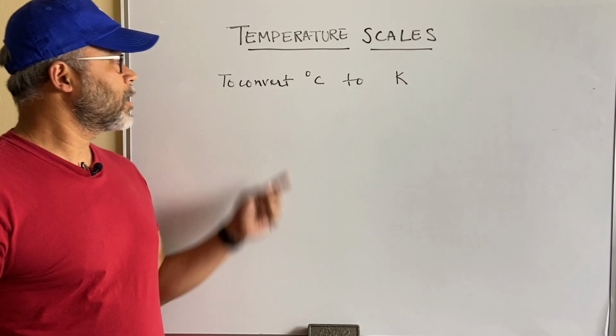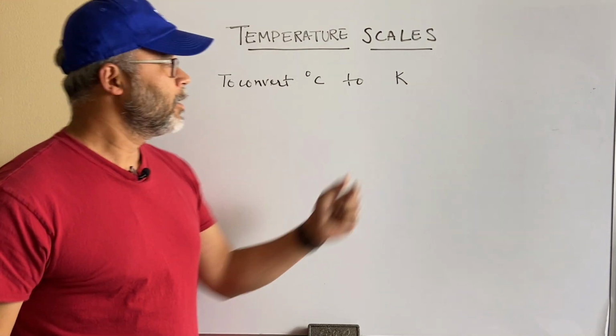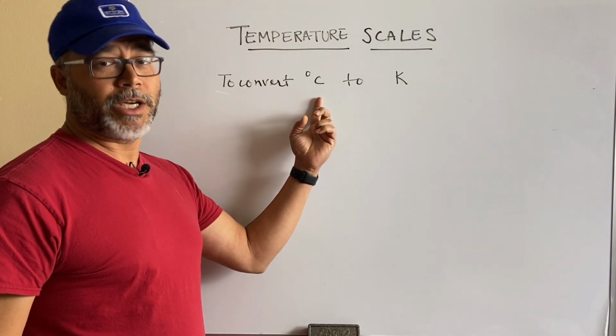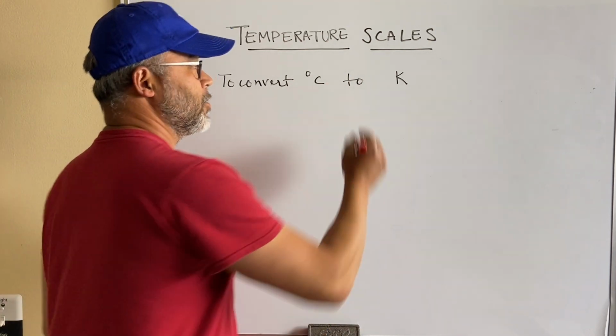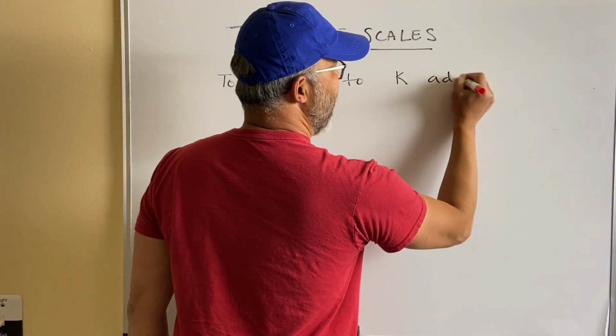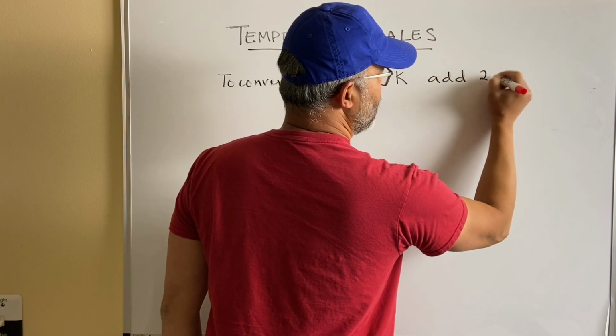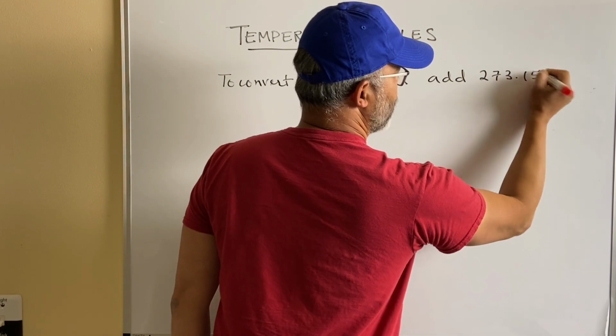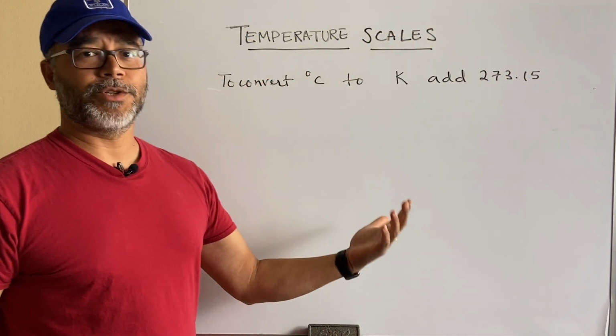So let's take a look at how to convert degrees Celsius to Kelvin. So all you need to do is take the temperature in degrees Celsius and, to convert to Kelvin, you simply add 273.15 to it, and then you have the temperature in Kelvin.